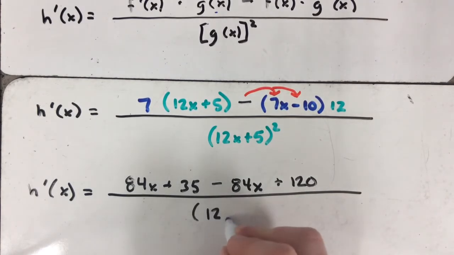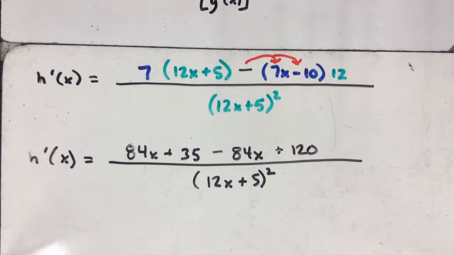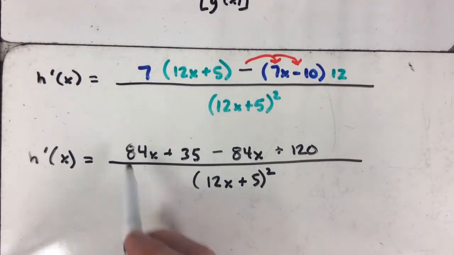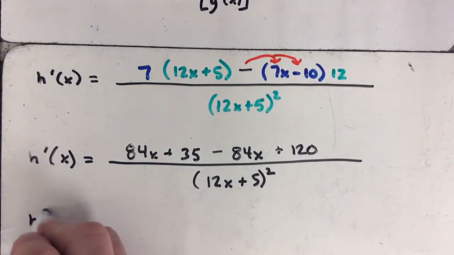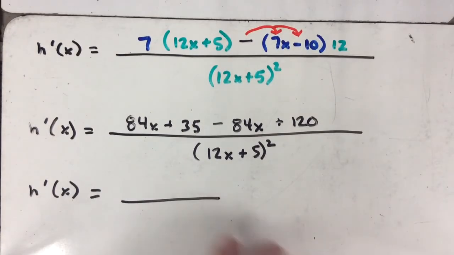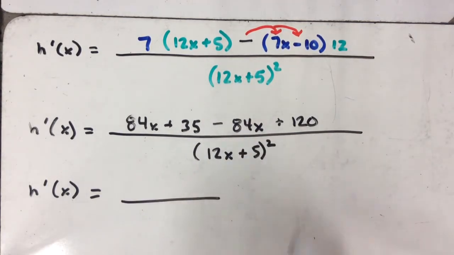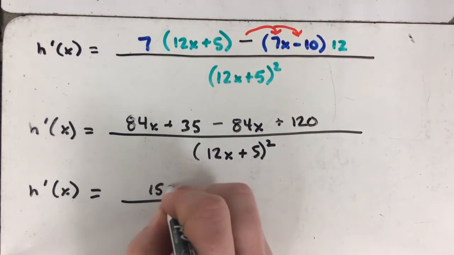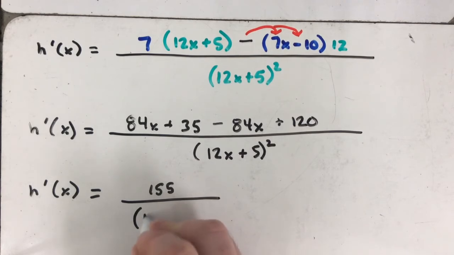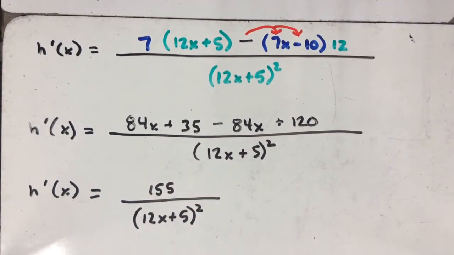And then down in the bottom, we're just going to always leave this in parentheses squared. At the end, we would want to see if there are any like terms in the top that we could combine together, and there are, and actually 84x and minus 84x, those both cancel out. So that gives us 0 x's. We have 35 plus 120 on the top, so that's 155 on the top, and that would be over a 12x plus 5 squared.